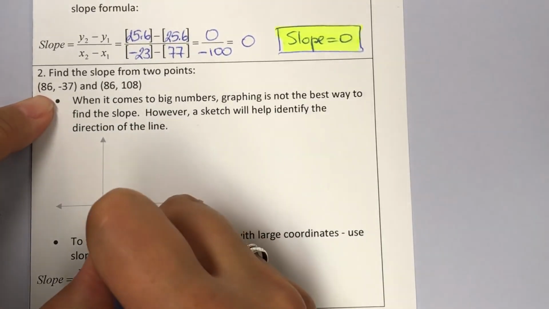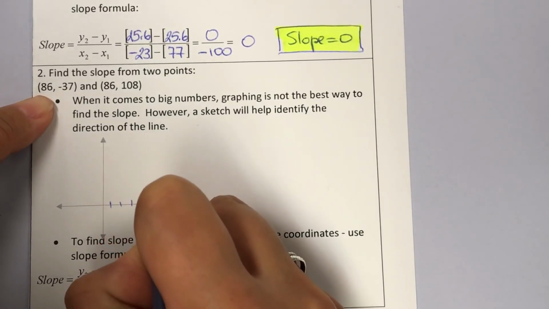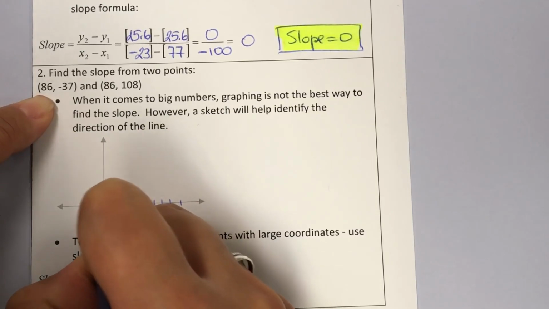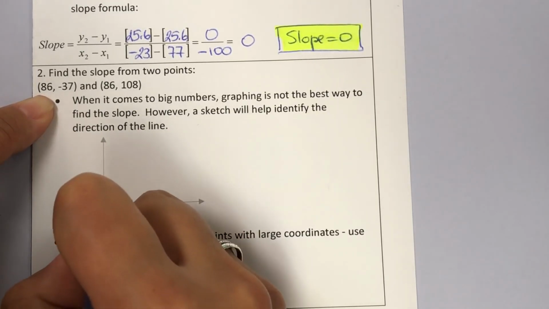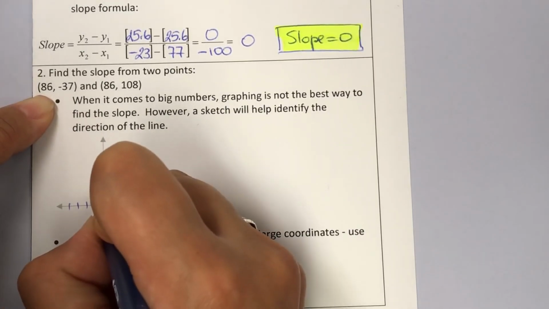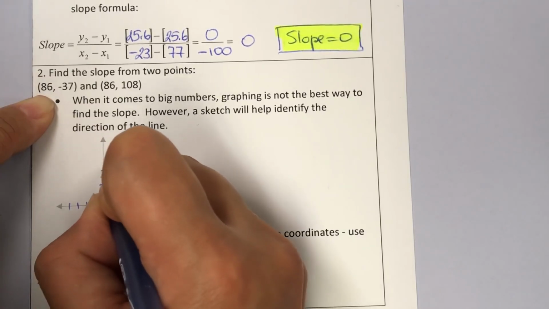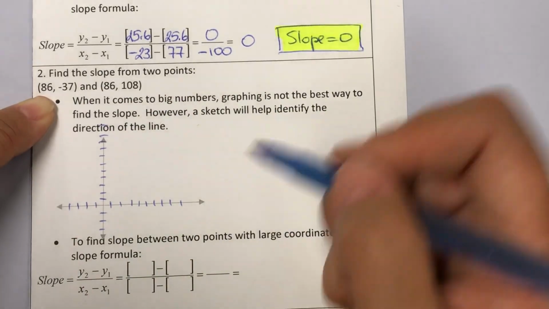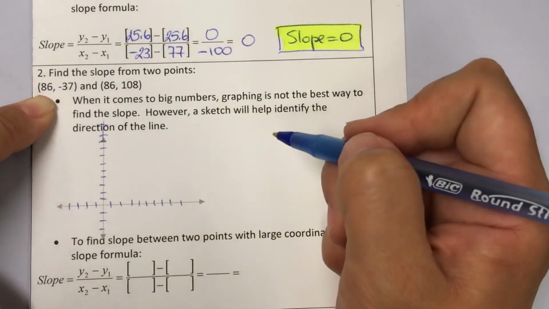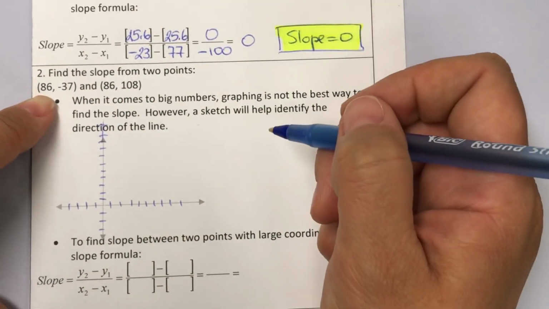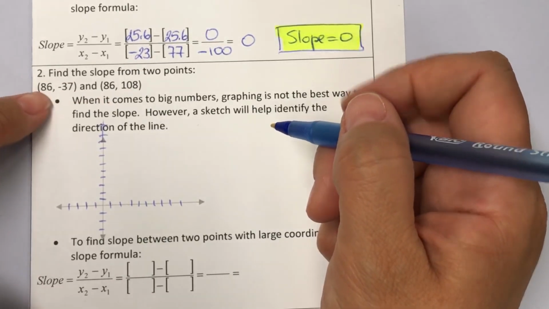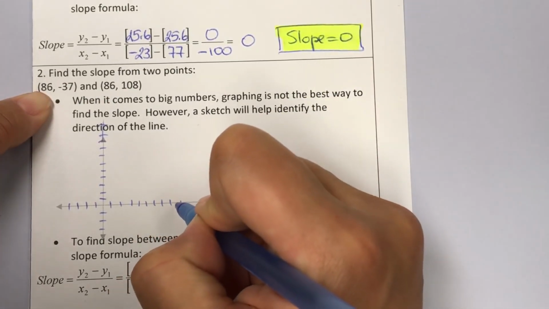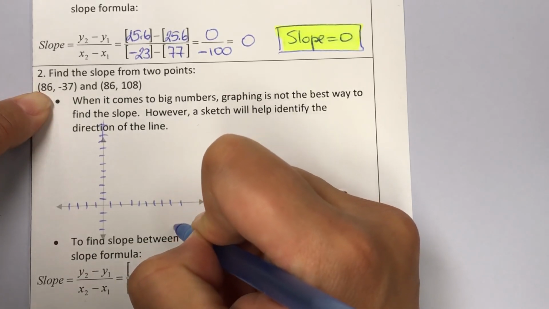So 86, and then negative 37, or going by tens, 10, 20, 30, 40, 50, 60, 70, 80, 90, 100, 108, over there somewhere. So just to have a sketch of where the location would be. 86, and then down 37.